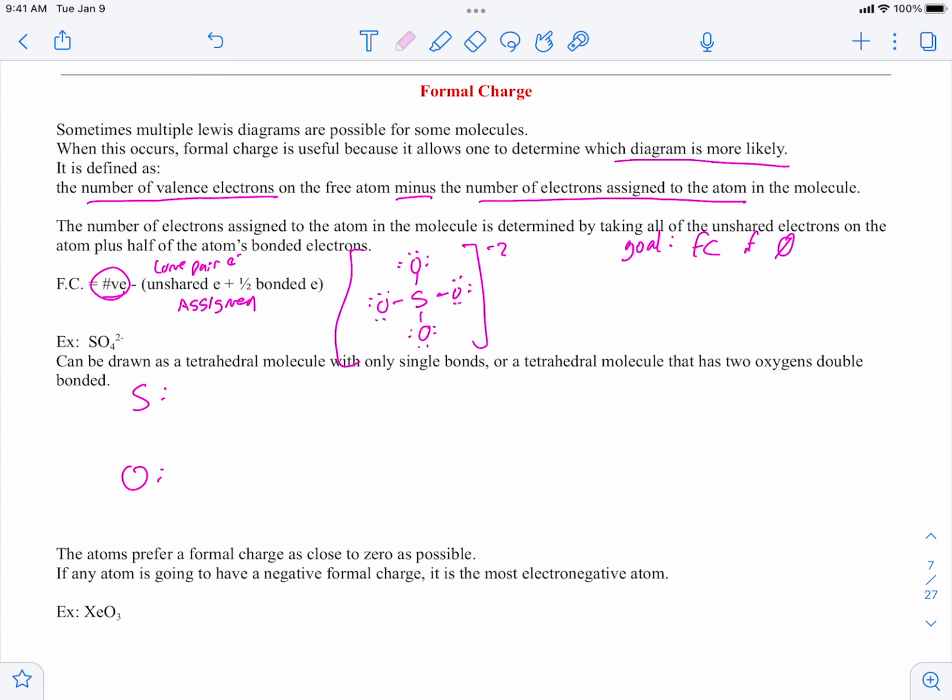Okay, so for the sulfur, it normally has how many valence electrons? 6. So it's 6 minus, and how many lone pair electrons are on this sulfur? 0.